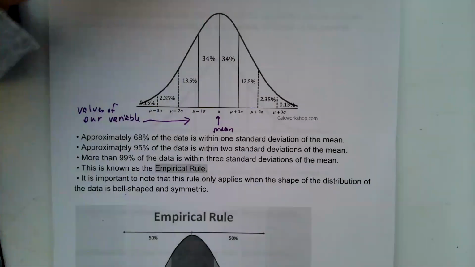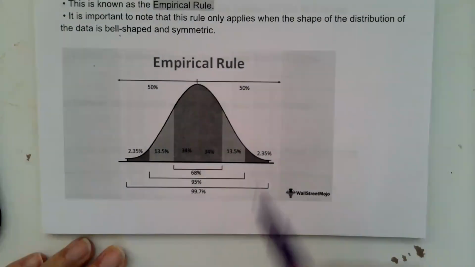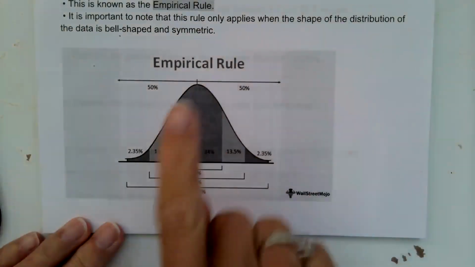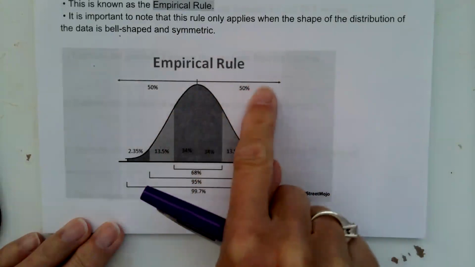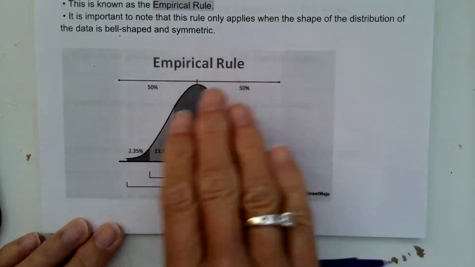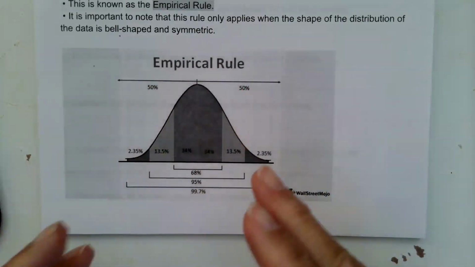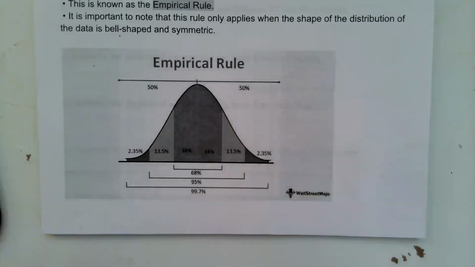So down below is another picture of how this empirical rule should fall. So typically, if our data is truly symmetrical, 50% of our data should fall to the right and 50% of the data should fall to the left. Now, that's give or take or approximate, right? It's not going to always be exact, but that's how it typically should fall.